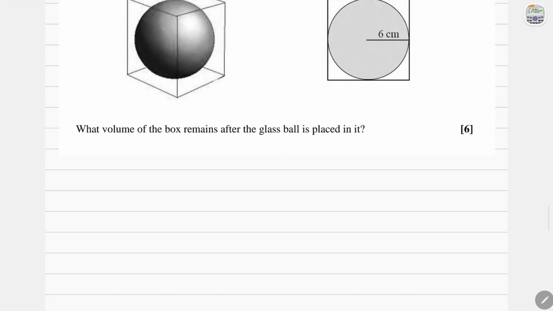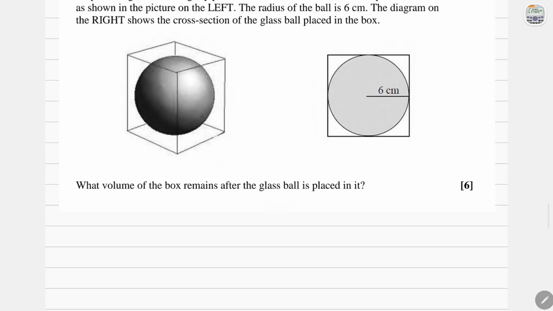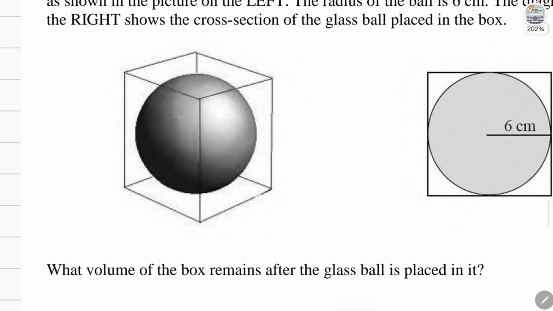So they ask what volume of the box remains after the glass ball is placed in it. To find the volume that will remain once we place this inside, you have to think about what exactly the volume of this cube is.